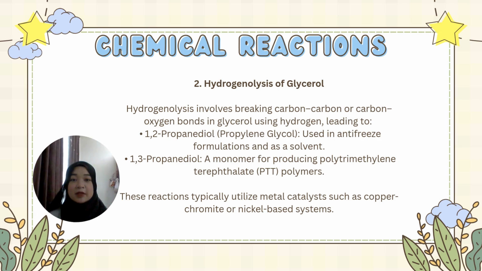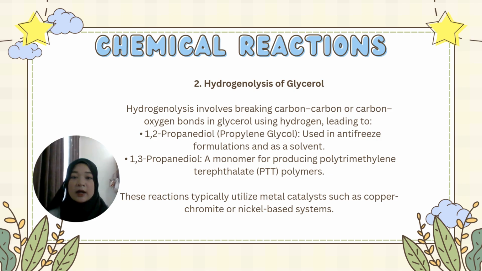The second chemical reaction for glycerol is hydrogenolysis of glycerol. So hydrogenolysis is a process where we break carbon-carbon or carbon-oxygen bonds in glycerol using hydrogen gas. This reaction produces 2 main compounds, which are 1,2-propanediol, also called propylene glycol, which is used in antifreeze and as a solvent.